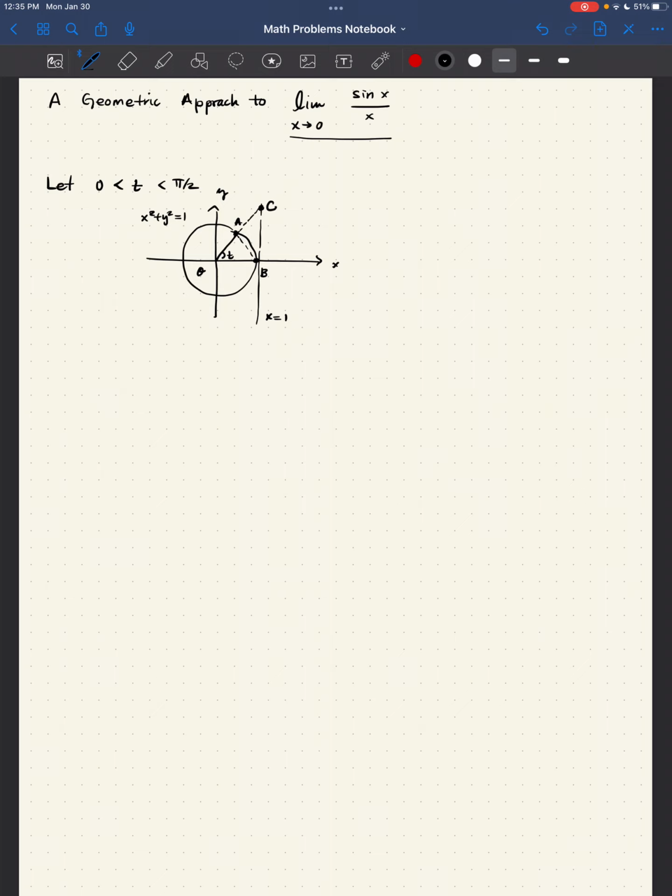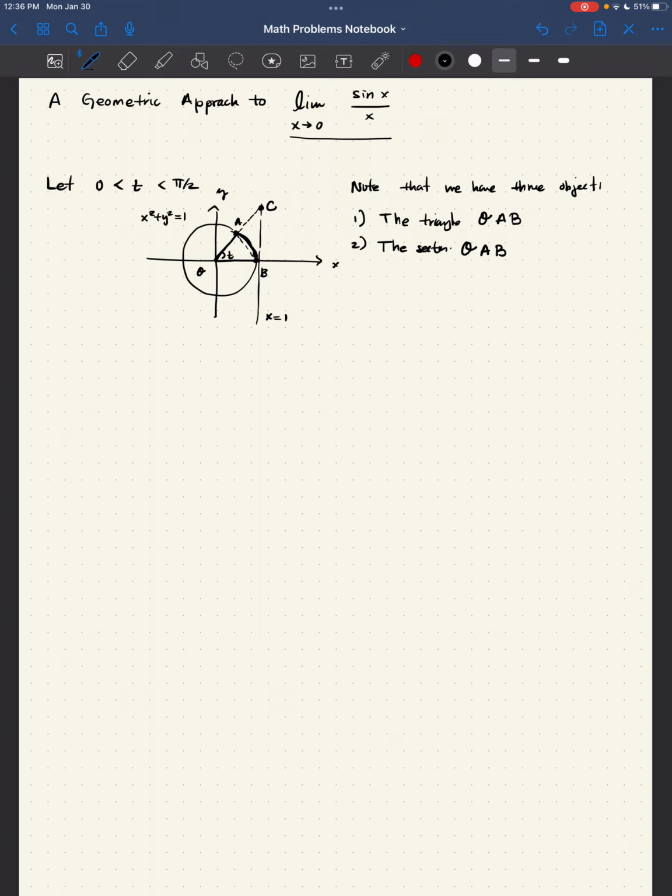But what do we have? Well, look, note that we have three objects. The first one will be the triangle given by the origin, the point A, the point B. The second one, the sector, given by the origin, the point A, and the point B. The sector being this portion of the circle.